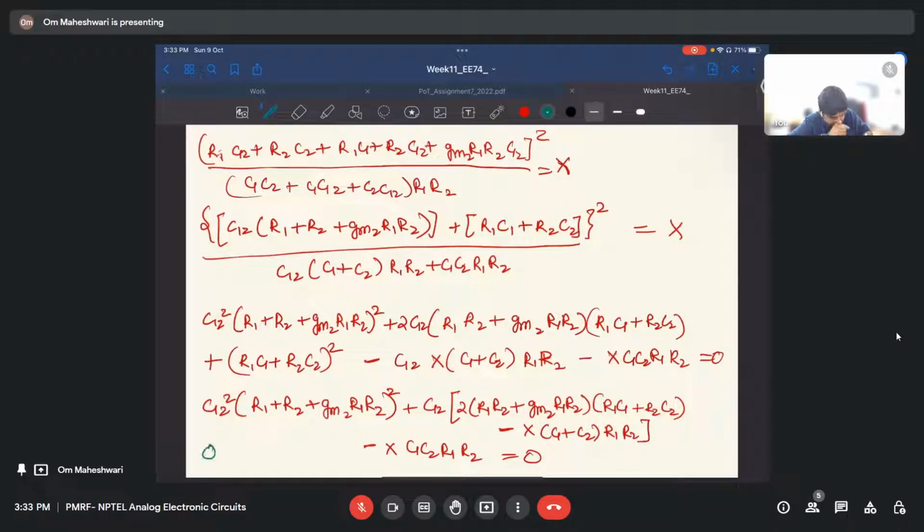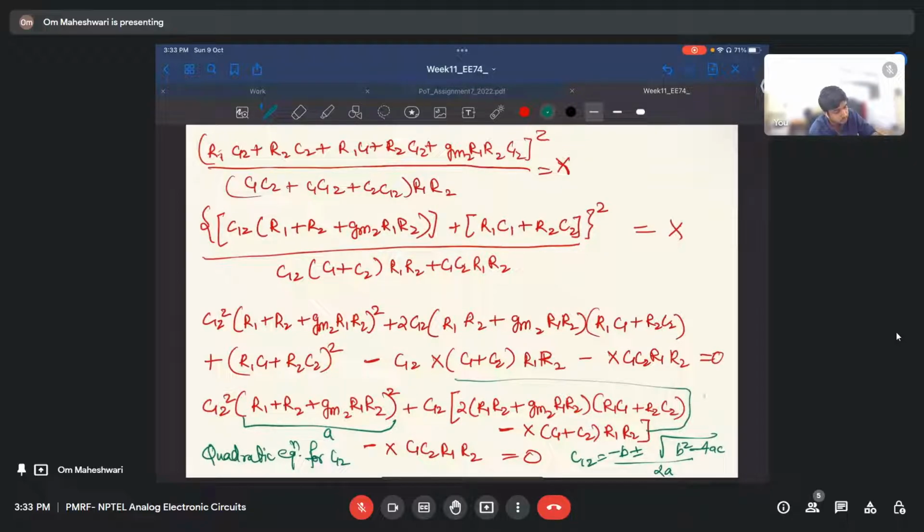So for this equation for C12 you will get two roots. Simply you can do equals minus b plus minus under root b square minus 4ac upon 2a. This is a, this whole thing is b, and this is c.